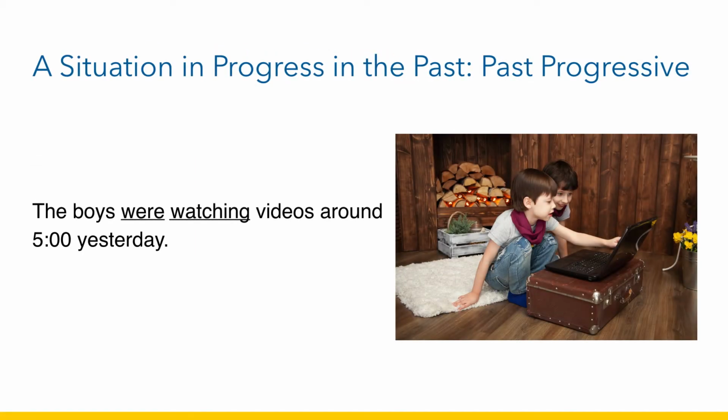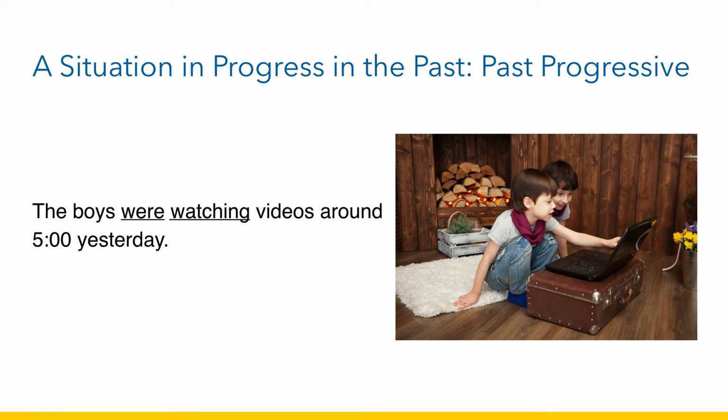To talk about a situation in progress in the past, we use the past progressive. For example, the boys were watching videos around 5 o'clock yesterday. When we use the past progressive, it's kind of like we are zooming in on the action in the past.